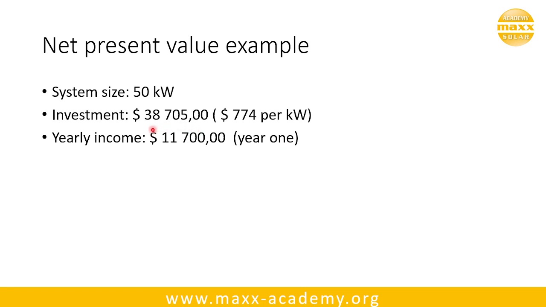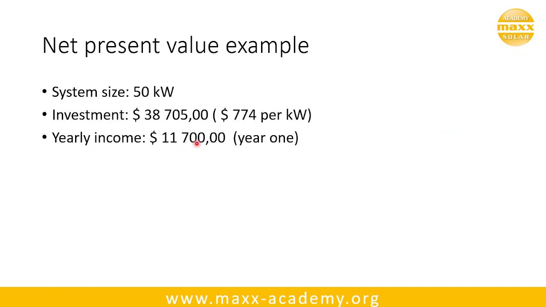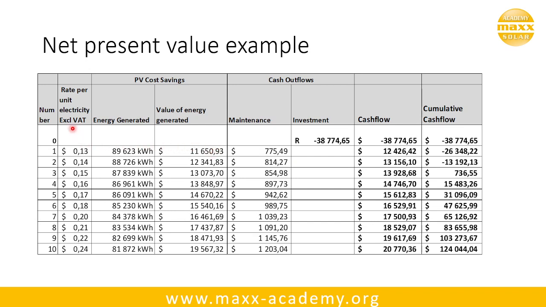The yearly income it's going to create for us in year one is 11,650. There was a small mistake earlier. If we take this over the number of years, we see the cash flow of the energy generated less a maintenance cost will give us our cash flow each year.